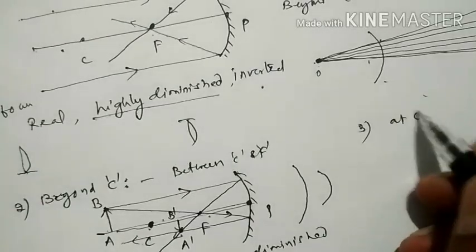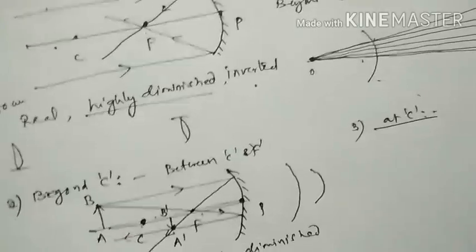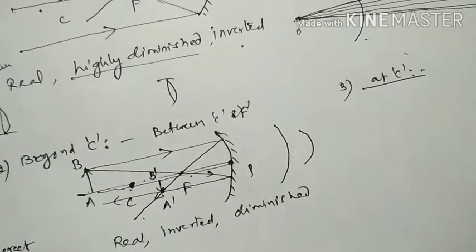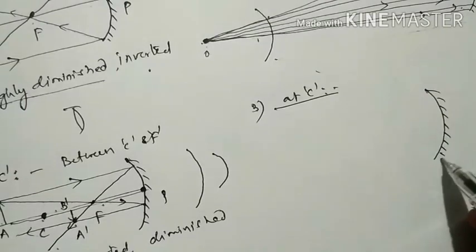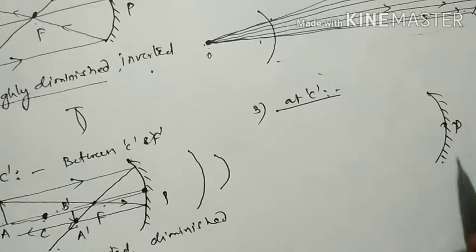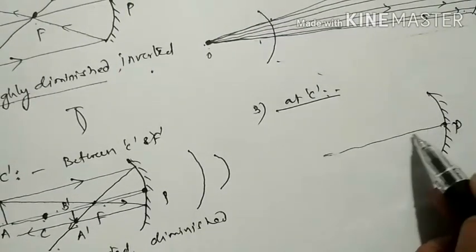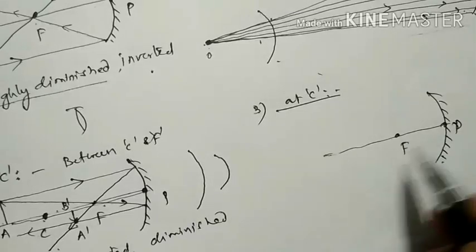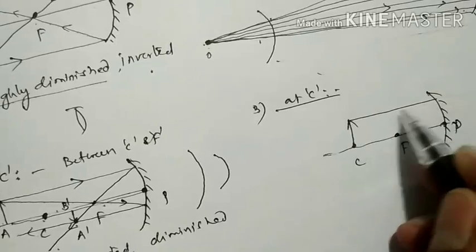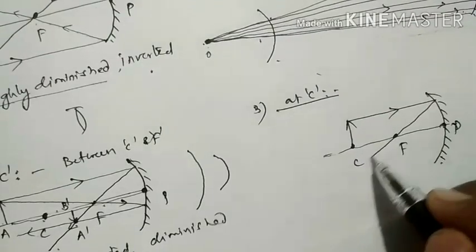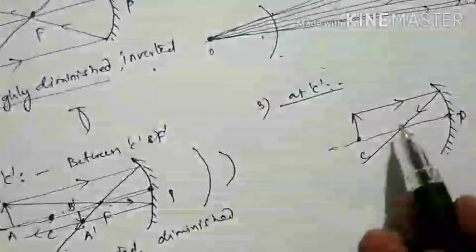So you can consider the object is placed at C. This is the mirror, and this is the pole. The object is considered to be at C. Light rays are incident and they are going to pass through the principal focus.